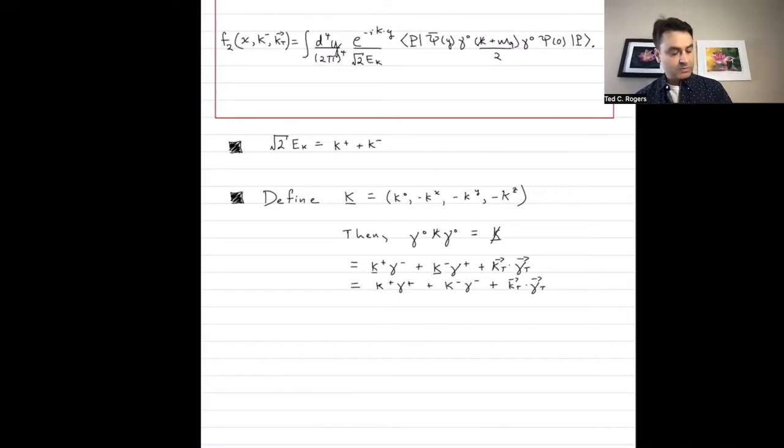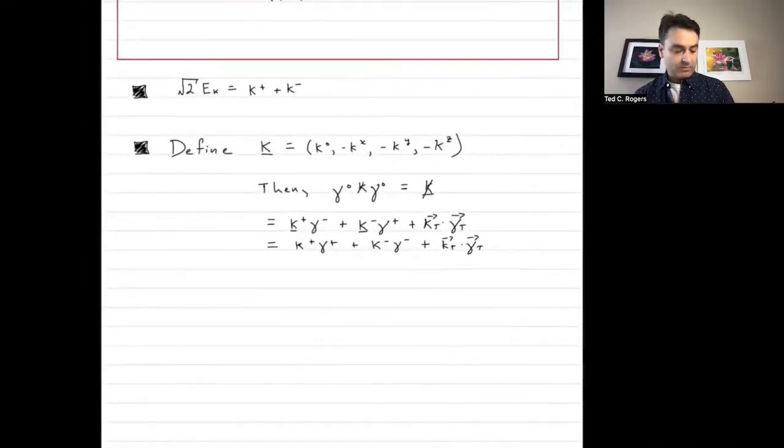The other thing I'm going to do is define another four-momentum, K with an underline on it, which is the original K, but with minus signs on all the 3 momentum components, as I've written it here. Then what you can fairly easily check is that gamma 0, K slash, gamma 0 just gives back this K slash with the underline on it. It just flips the sign on the 3 momentum components.